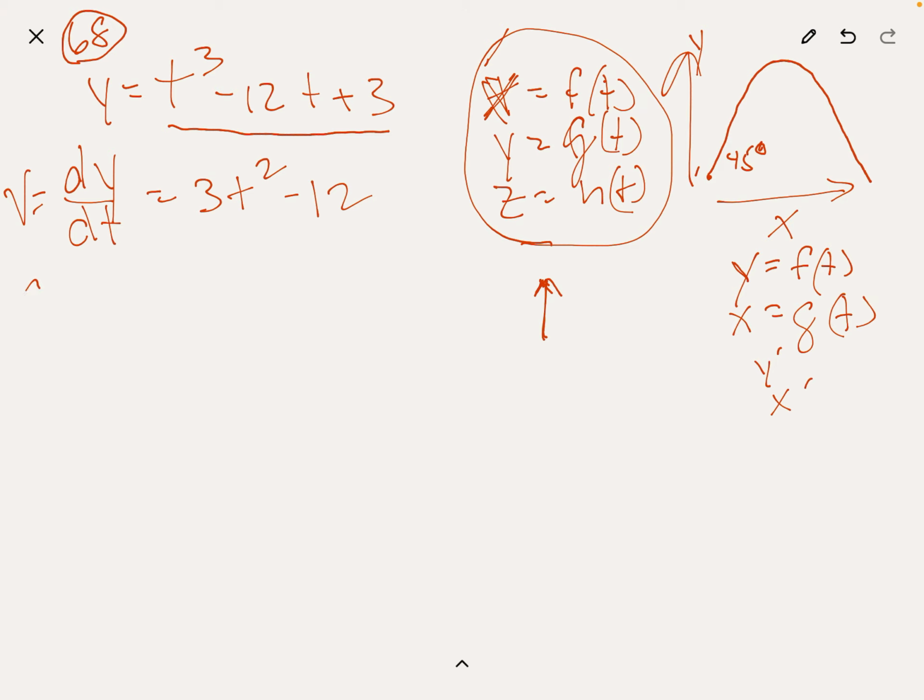And the acceleration is the second derivative of y, so d squared y over dt squared, and that's going to be 6t. So that's easy enough. But now they ask you, when is the particle moving upward and when is it moving downward?